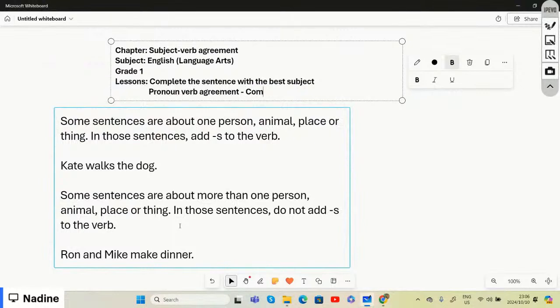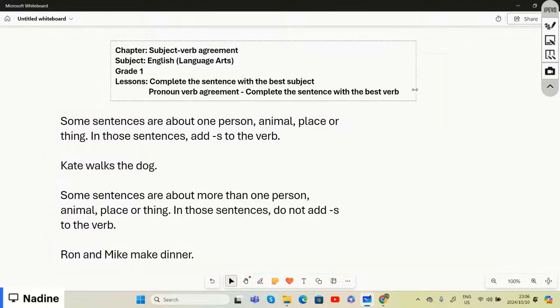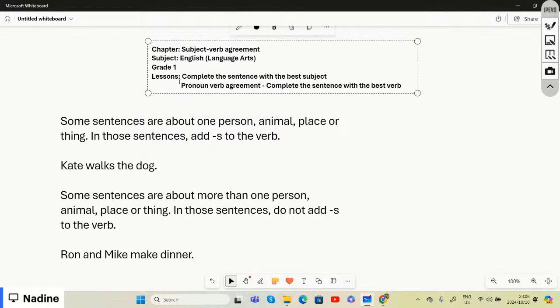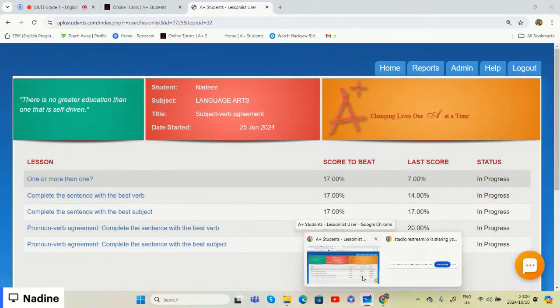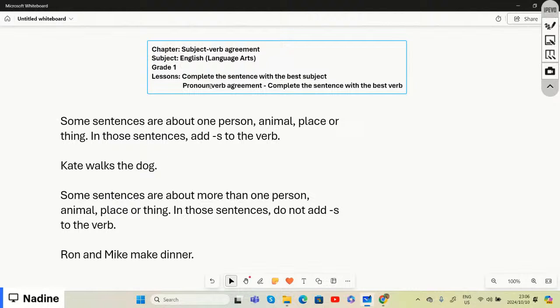We need to complete the sentence with the base verb. All right. So this is going to be our lessons for today.